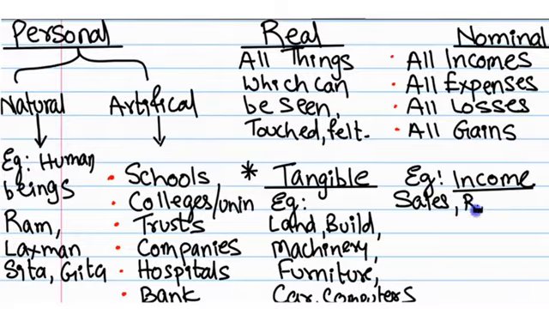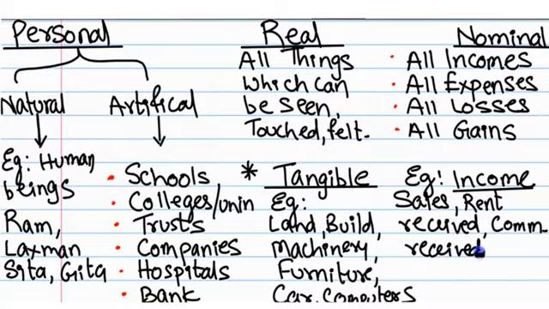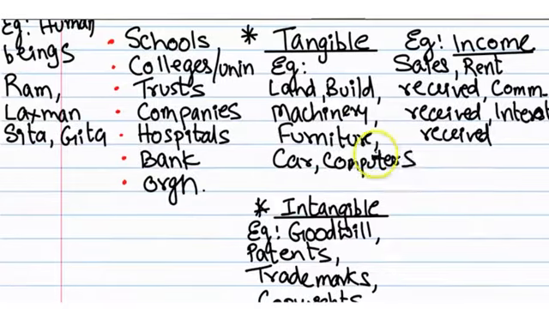Apart from this, rent received, if there is extra space with the business which can be given on rent, or commission received, or else interest received, and so on.